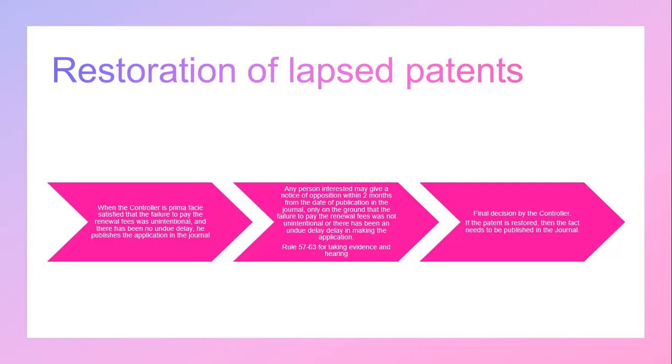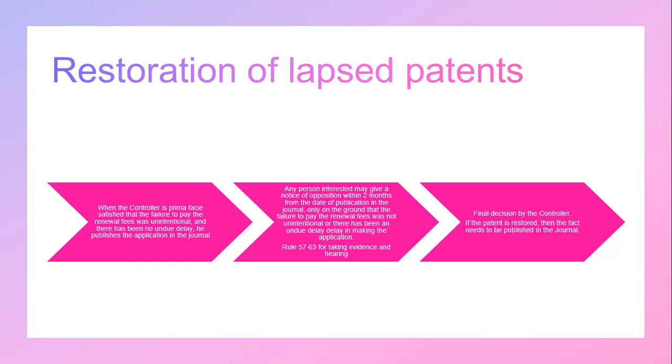But if he feels that the failure to pay the renewal fee was unintentional, and as soon as that fact was discovered by the patentee, he has made the application in Form 15, then what will the controller do? He will publish the application in the journal. And then any person interested, within 2 months from the date of publication in the journal that this is the application of Form 15, can oppose.